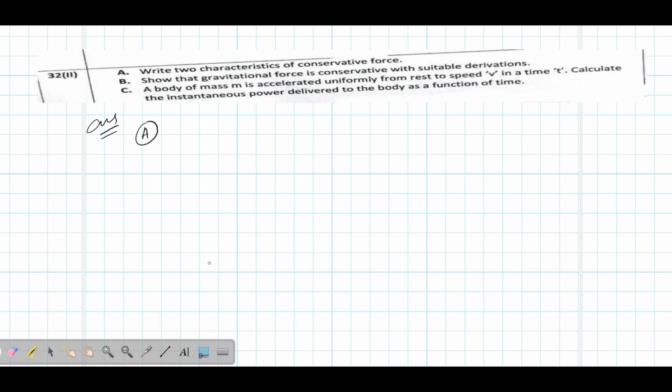Two characteristics of conservative force.